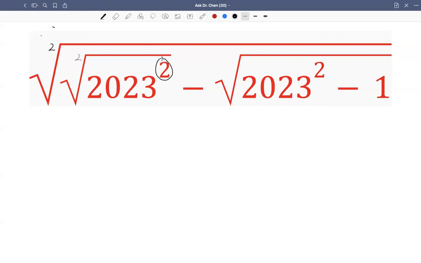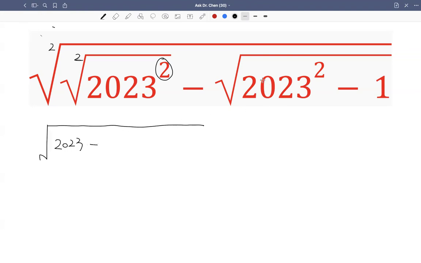We have 2023 raised to 2, but the index 2 we can understand as an exponent of half. So 2 times half is 1. So the square root of 2023 squared just becomes 2023.